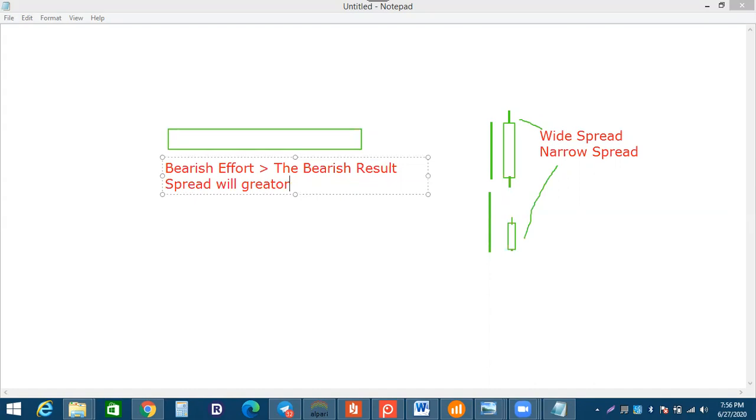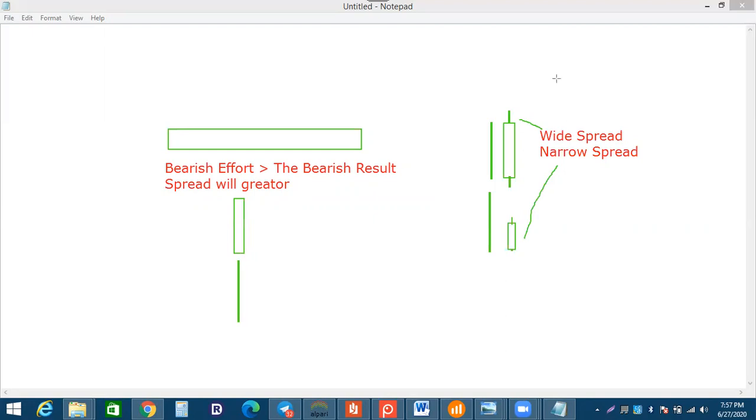I'm asking how to draw the candle and the volume. The effort is the volume, so the volume must be greater. Must the bearish result also be greater, or smaller? She says it must be greater also.